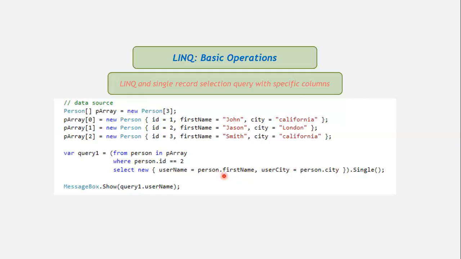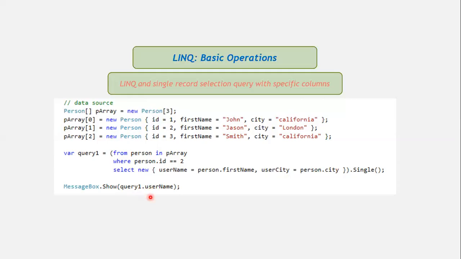The value assigned to username is the value of first name, and the value of first name is JSON, and the type of JSON would definitely be string. After the execution of this query, we are displaying the username.